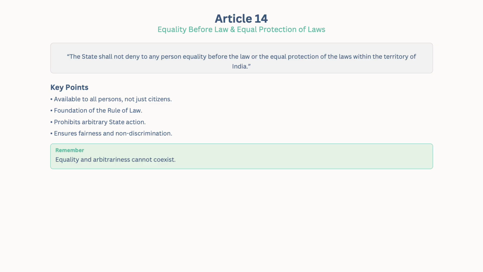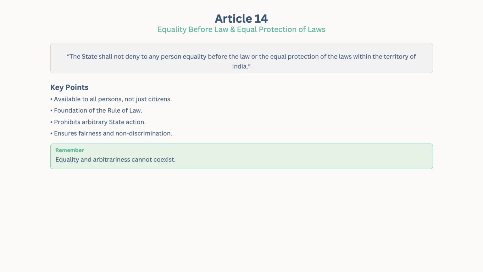Now, equality before law and equal protection of law, which means everyone is equal before law and everyone will be protected by law. These two concepts are under Article 14. Equality before law is of British origin. You might be asked that. And equal protection of laws is of American origin. Equality before law is a negative concept, and equal protection of laws is a positive concept.